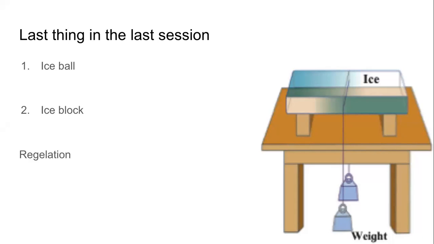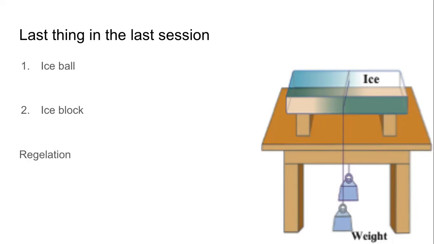All we can do is apply some pressure using a wire, and it will cut through the block. And after it cuts through the block, if you don't separate the blocks, if the blocks remain touching, then they will again join. Very interesting but strange happenings. And we said this phenomenon is called regelation.